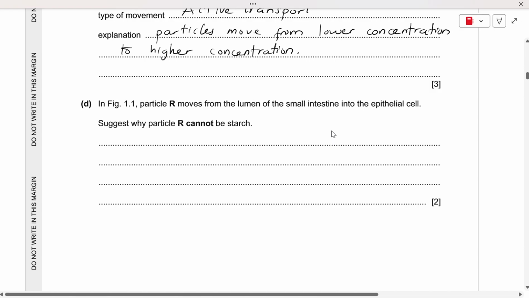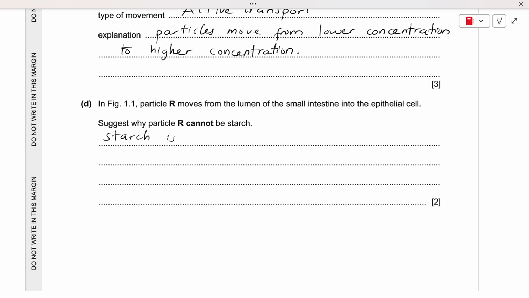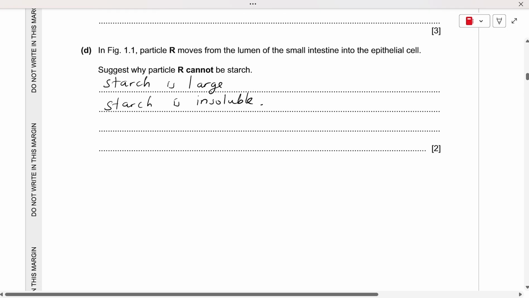Alright, so one reason is that starch is too large to diffuse across that membrane. Alright, and also in order for it to be able to diffuse, it must dissolve in the blood. Okay, but starch is insoluble. So another reason could be that starch is insoluble. Alright, so these could be the reasons why the particle is not starch.